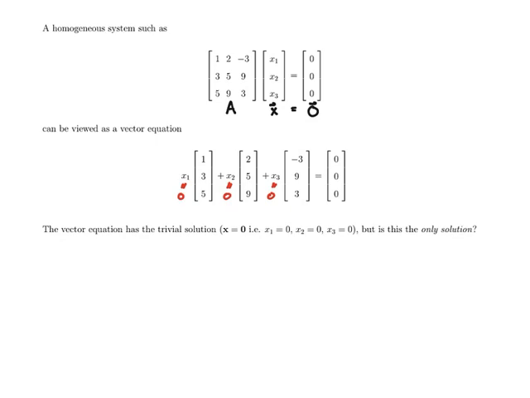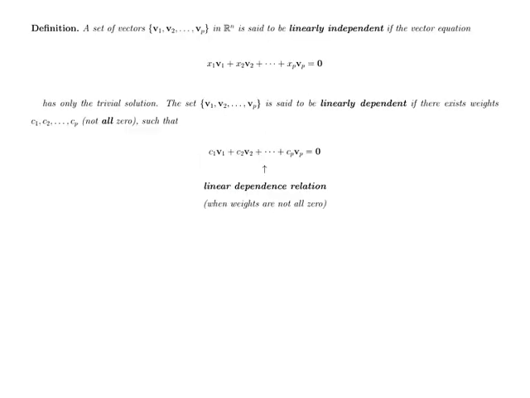So now let's look at what it means to be linearly independent. We say that a set of vectors, v1 to vp, in Rn is linearly independent if the vector equation, like we just had on the previous slide, x1 times a vector plus x2 times a vector all the way to xp times a vector is equal to the 0 vector, has only the trivial solution.